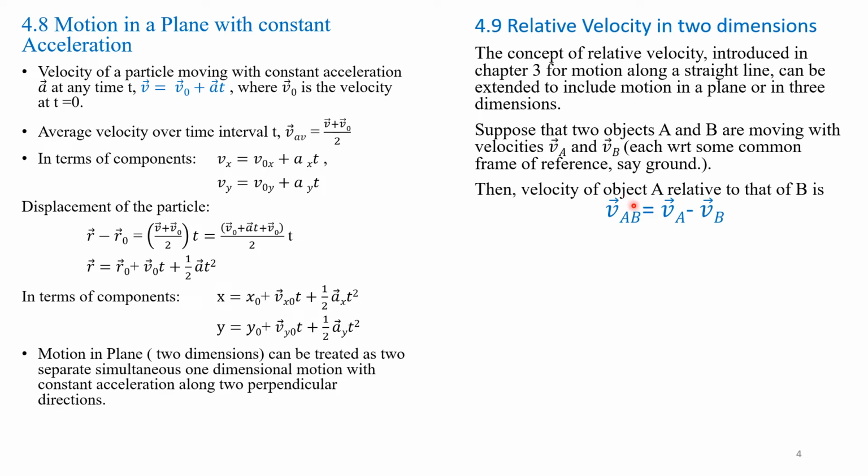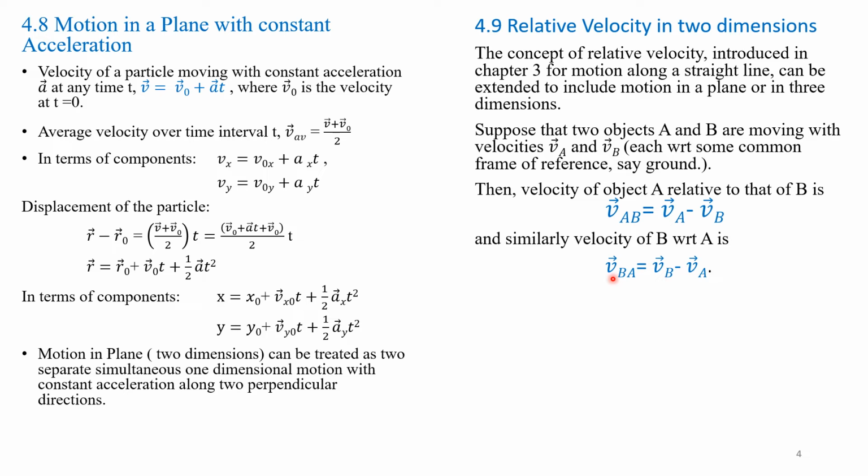So Va is with respect to the ground and Vb is also with respect to the ground. The velocity of the object A relative to that of B is given by the relation vector VAB. That is, the velocity of A with respect to B equals VA minus VB, where VA and VB are both with respect to the ground. Similarly, the velocity of B with respect to A, that is, now it is B to A, can be written as vector VBA equal to vector VB minus vector VA.